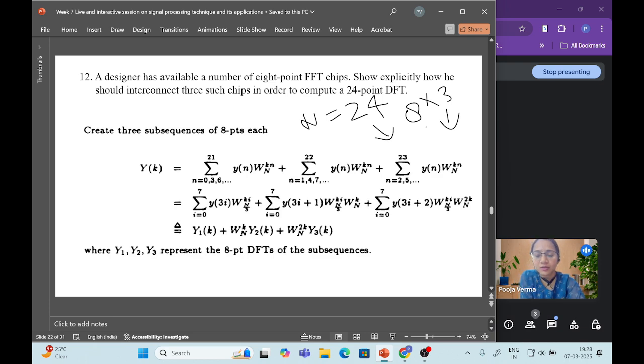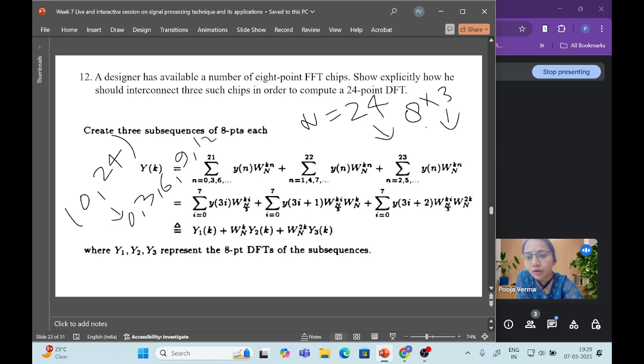So for that we have to create the three subsequences of 8 points each. Okay, so that 24-point DFT from 0 to 24, we have to divide by 3 each. So first we will get 0, 3, 6, 9, 12, each at an interval of 3.